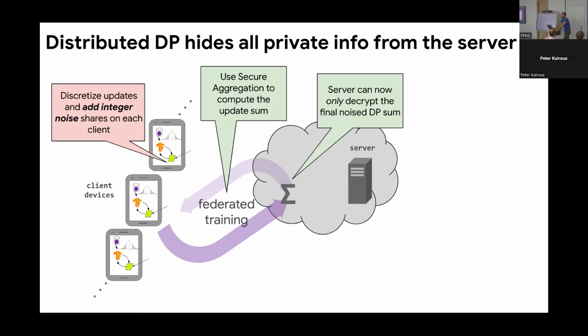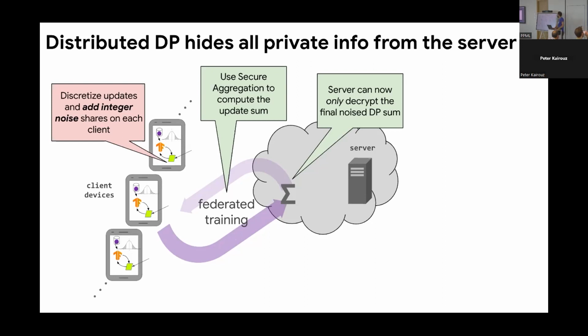And then we add shares of integer noise on that finite group. And we then execute the secure aggregation code. So every device is going to add a little bit of noise. We're going to add all the noisy clipped discretized vectors together, so that the server would see the sum.